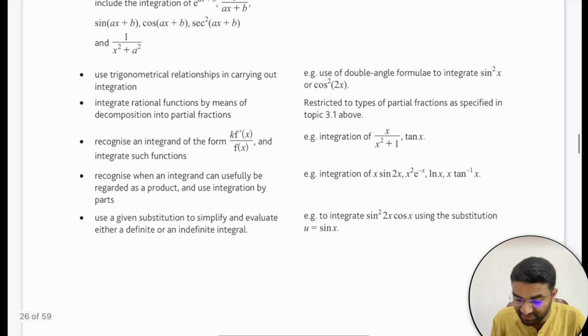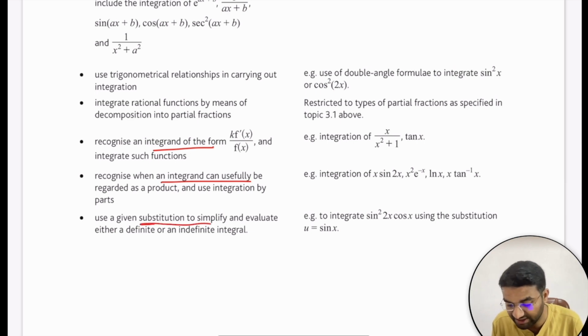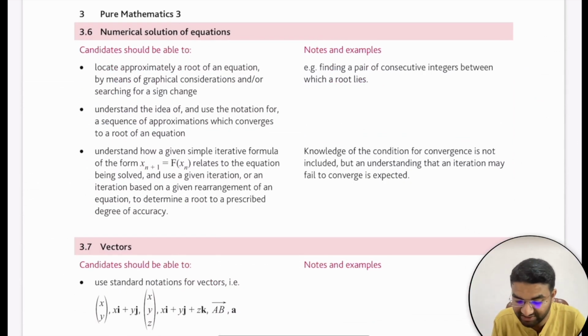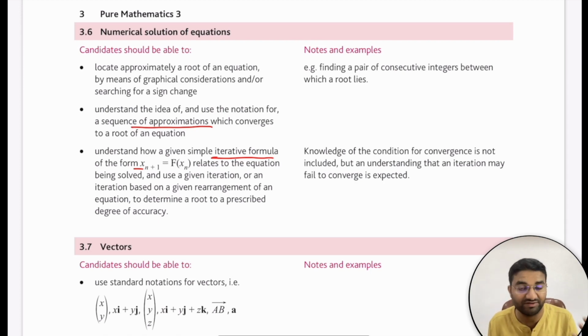Then integration in the form k f'(x) upon f(x). Then partial fraction form is also there for integration. Then the substitution method to simplify. Then next, numerical solution: sequence of approximation and iteration formula. These 2 things are important in the numerical solution of equations, and you will definitely get one question.